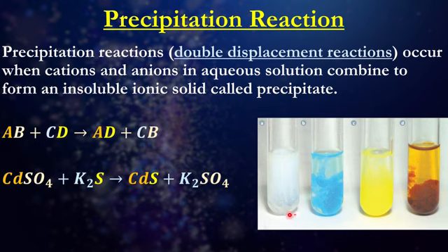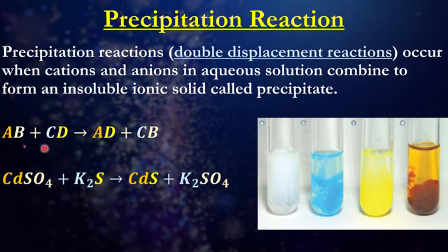The precipitate will look something like this. There needs to be a permanent color change, even if it looks cloudy like this, and that's counted as a precipitate. Permanent color changes count as precipitates. If it forms a solid, that is also considered a precipitate. These four images show you a precipitation reaction.